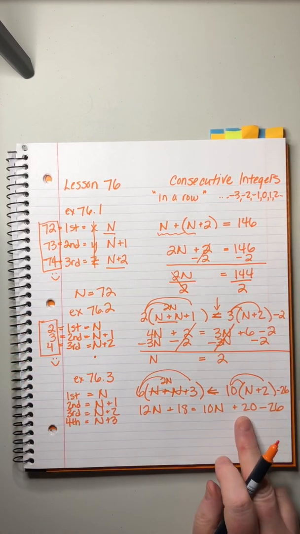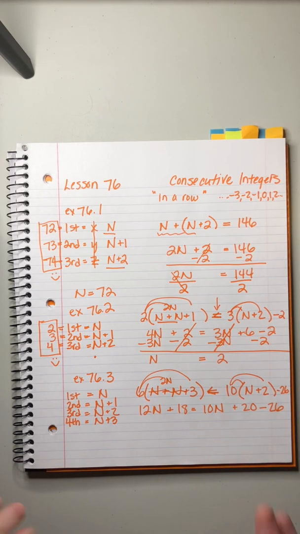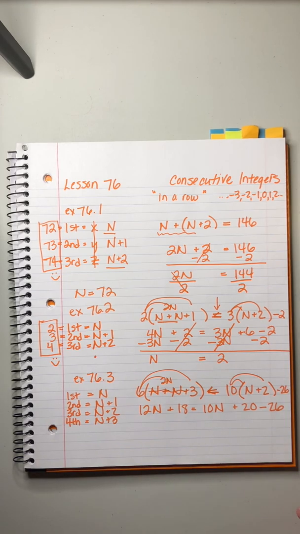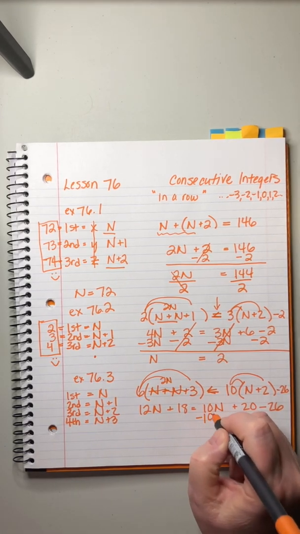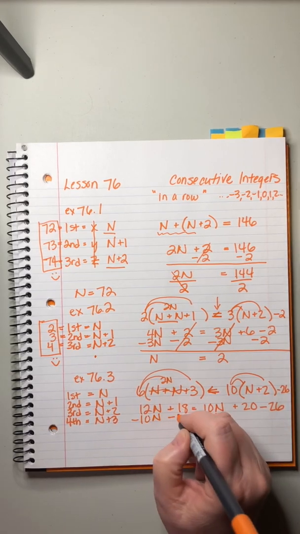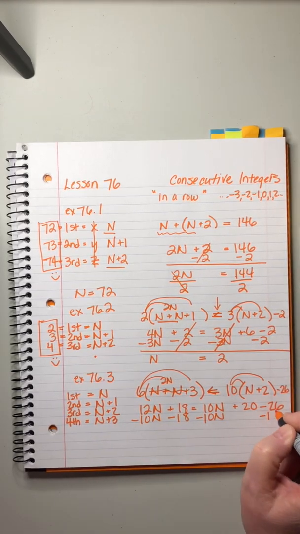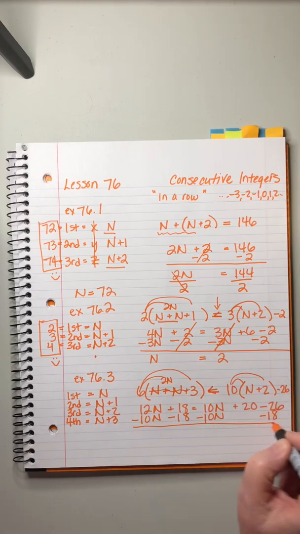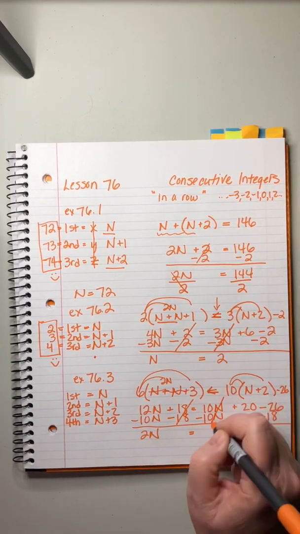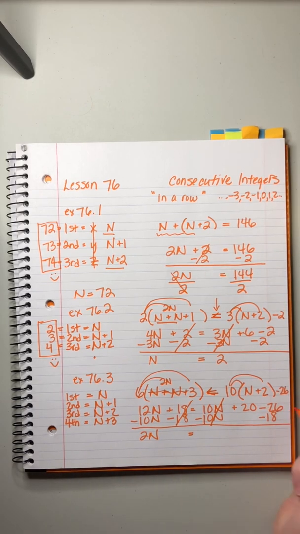Okay, I'm going to do the same thing I did last time. I'm going to swim these all around so that the numbers will all end up over here, and then I'll do all that math at once. So I'm going to bring the n fishy over this way, and then I'm going to swim the plain numbers that way. 2n, goodbye, goodbye. 20 minus 26 is minus 6.